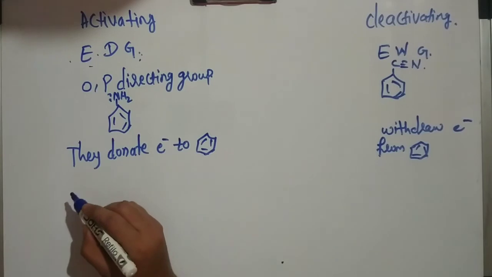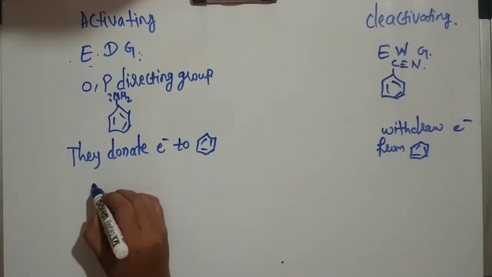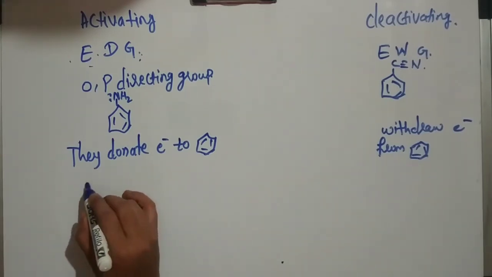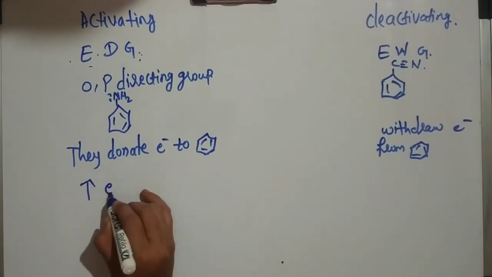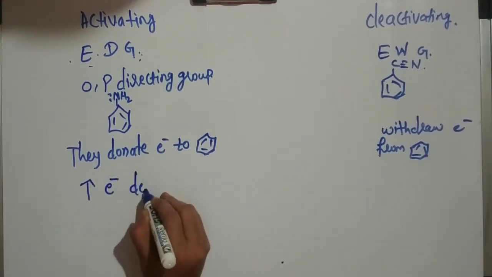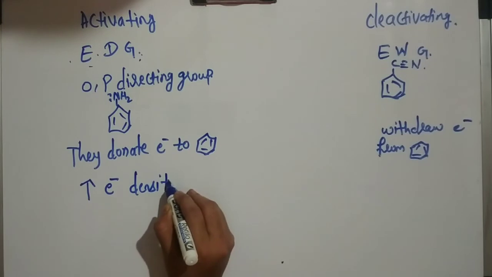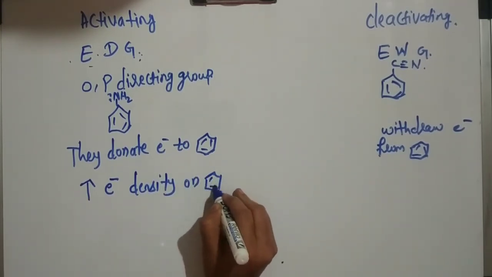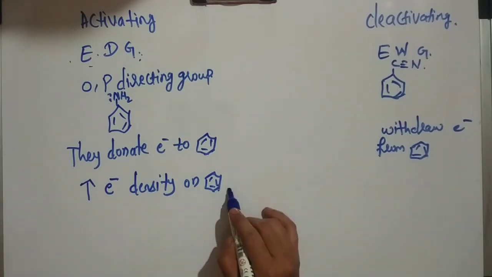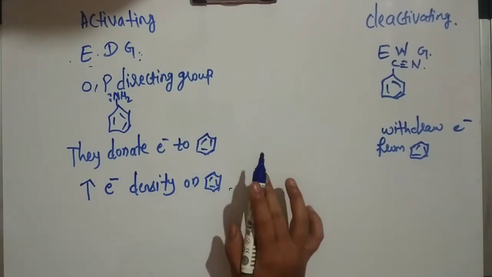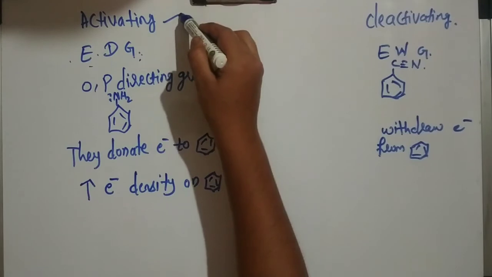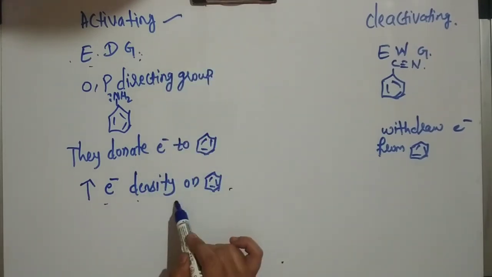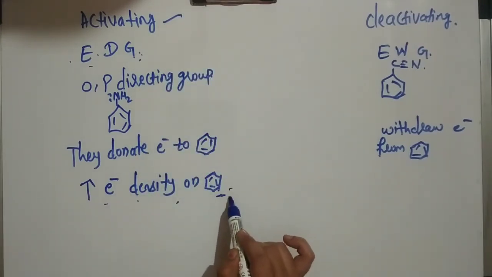What is the third comparison? They increase electron density on the benzene ring. The ortho and para directing groups, or activating groups, increase the electron density on the benzene ring.